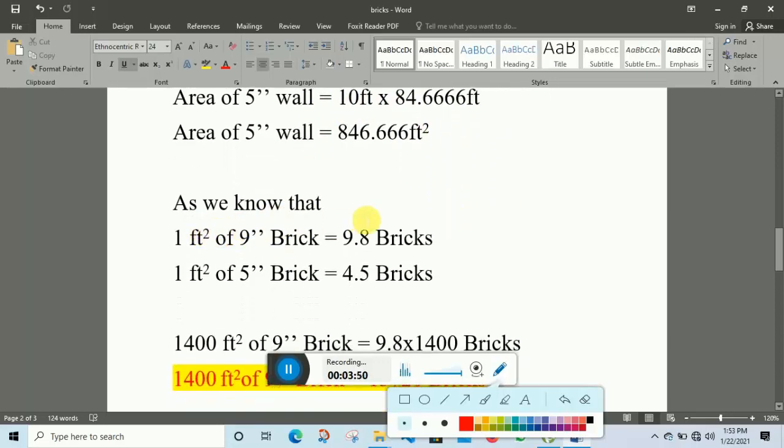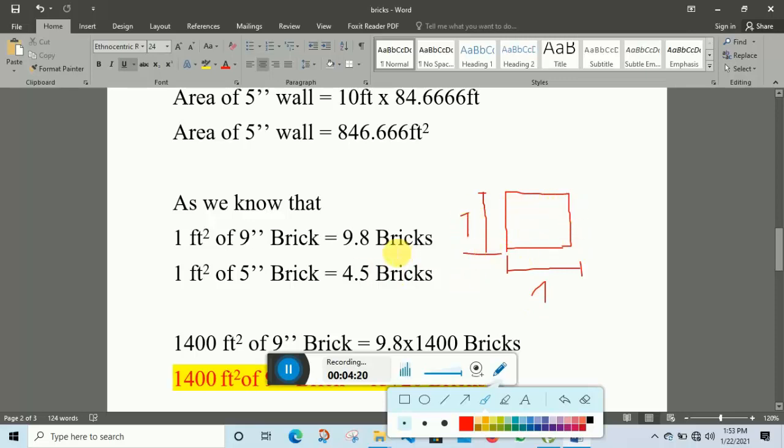As we know, one square foot of 9-inch wall means one foot by one foot, roughly a square.